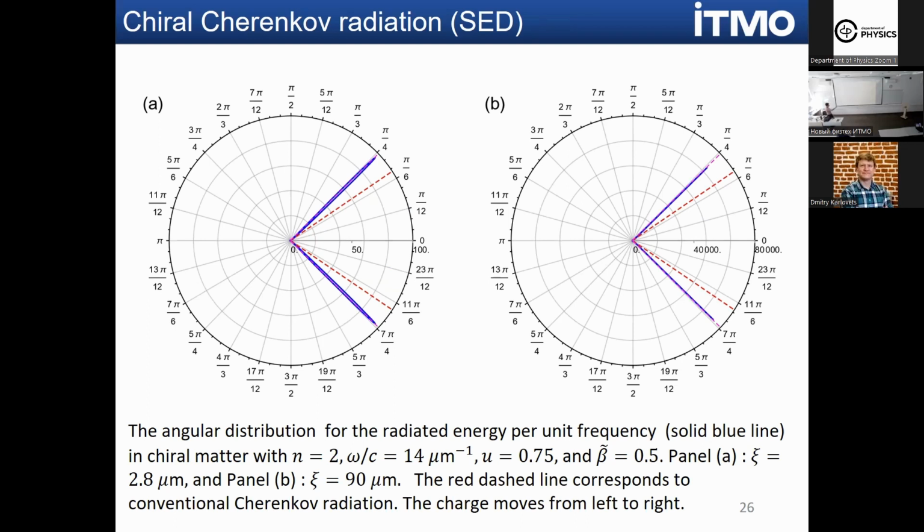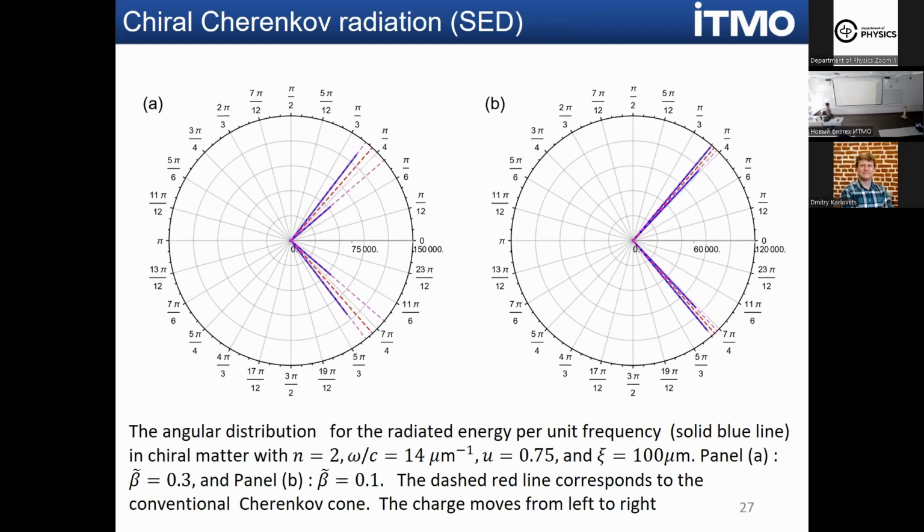This is for these parameters, mostly the same, but with the index of refraction different from 1. So we allow to have an index of refraction. And for consistency, we have made the chiral parameter every time smaller. And we can see as we make the chiral parameter beta smaller, the Cherenkov cones get closer and closer.